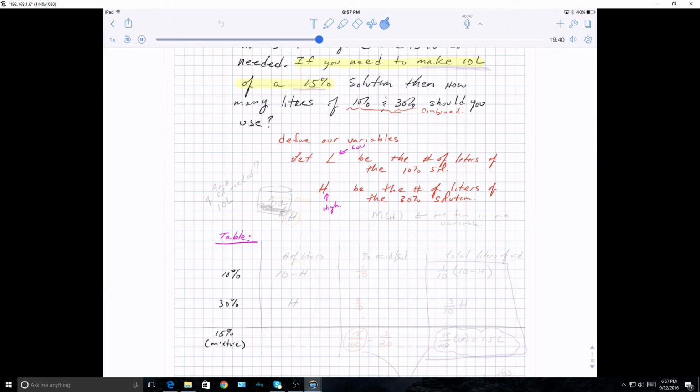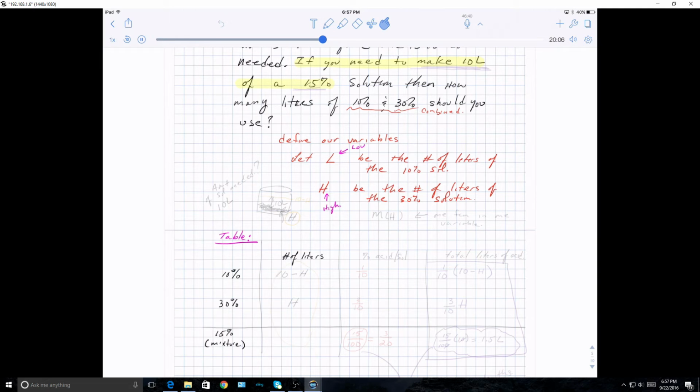So what are the other aspects that we know or could find out relatively quickly within this problem? Well, we know that we have those three things to work with. We also know that we're going to need the number of liters.